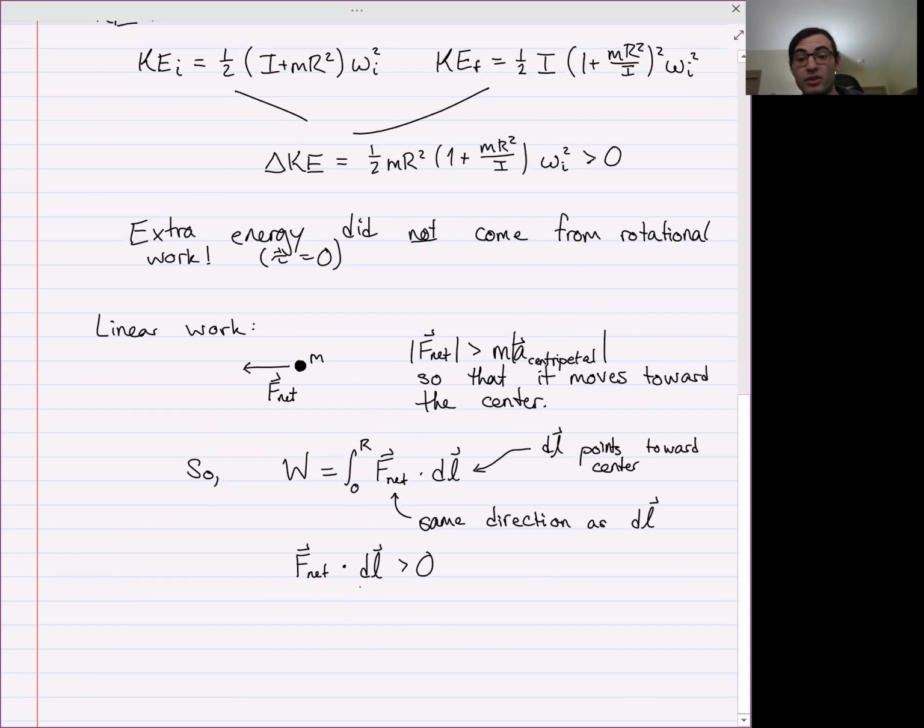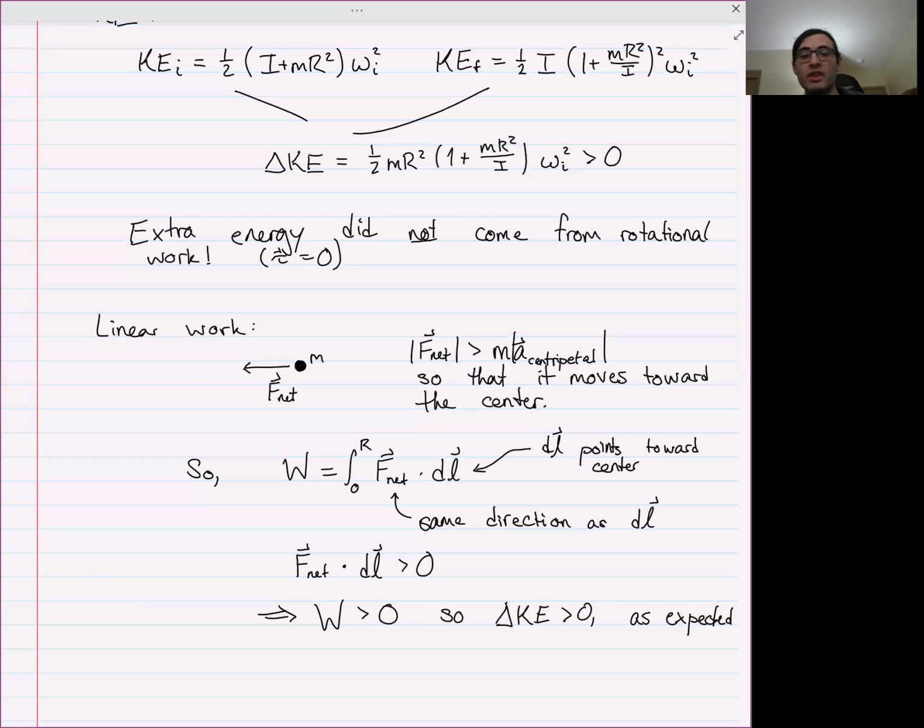We integrate that from 0 to some positive number, and so it spits out that the work done is greater than 0. So the change in kinetic energy is greater than 0, as expected. It makes sense that the change in kinetic energy is positive because there is indeed some work that's done.